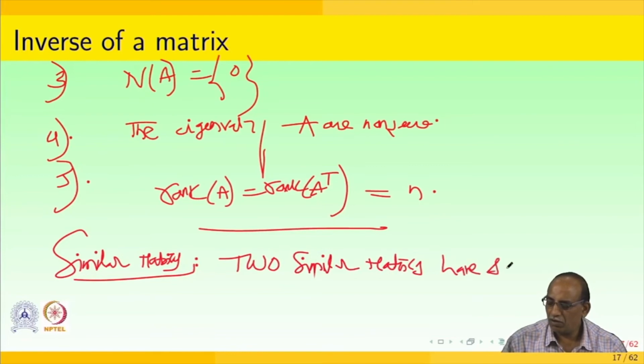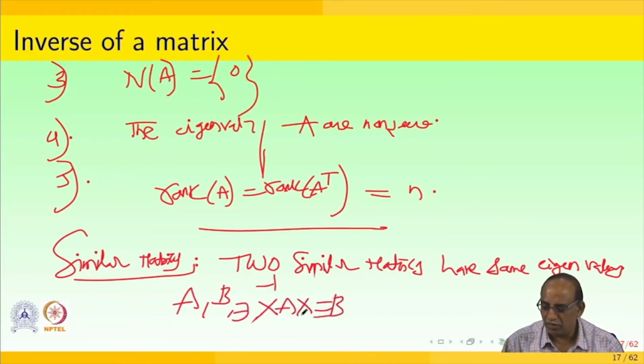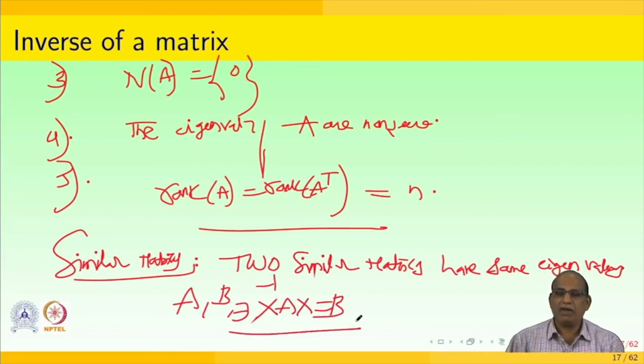A and B are similar matrices if there exists a matrix X such that X inverse A X is equal to B. Then we call A and B similar matrices.